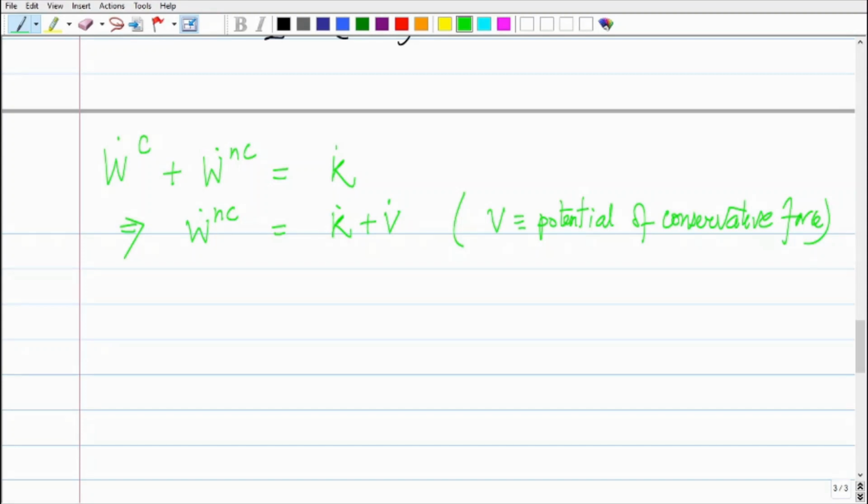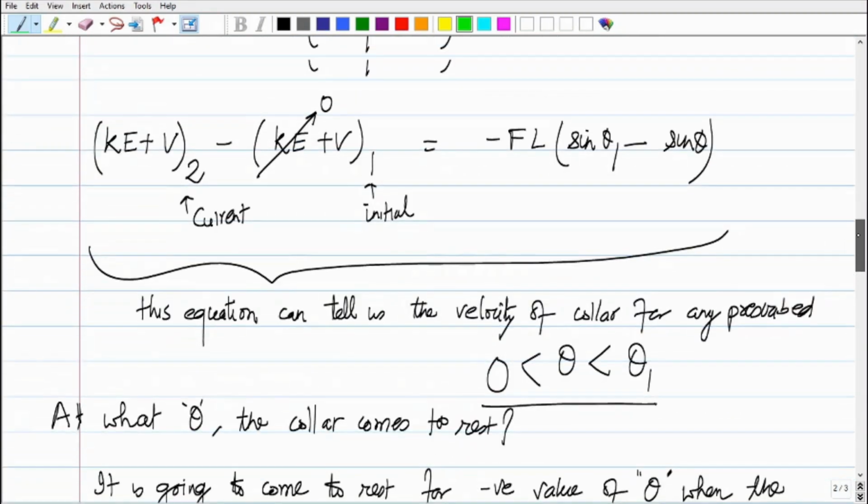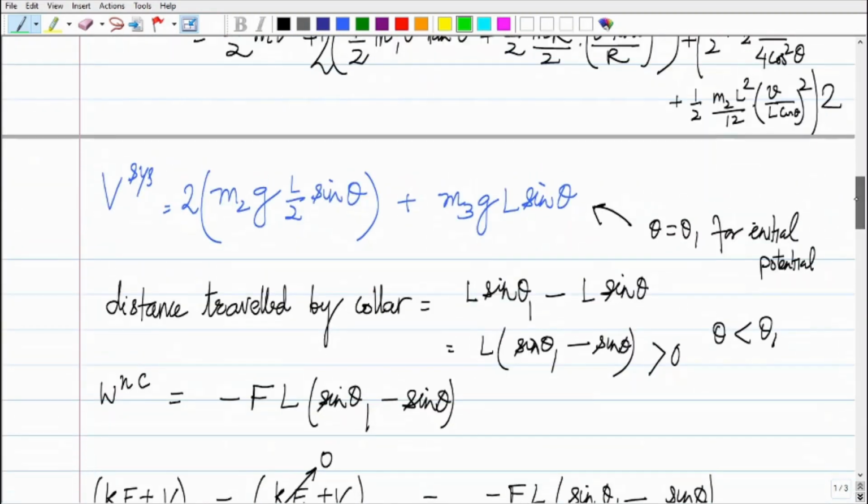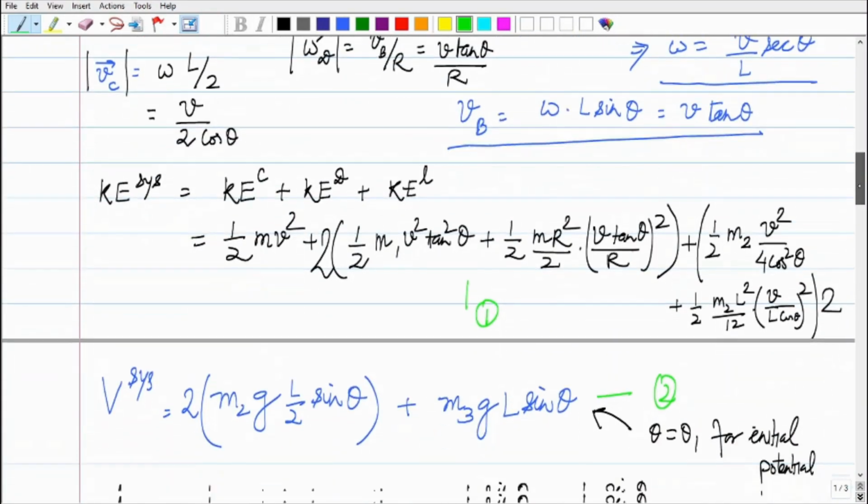So we have the expression for kinetic energy, we have the expression for potential also. Look here. So that's the expression for potential. This is equation 2 and that's equation 1, the expression for kinetic energy.